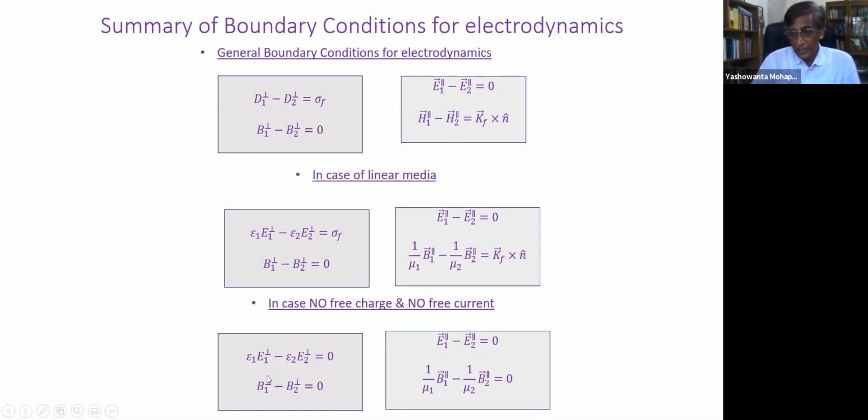Then I can write down this special case. This will be very useful to us in dealing with the reflection and refraction of waves at the interface between two media, in the next chapter, where we deal with electromagnetic waves.